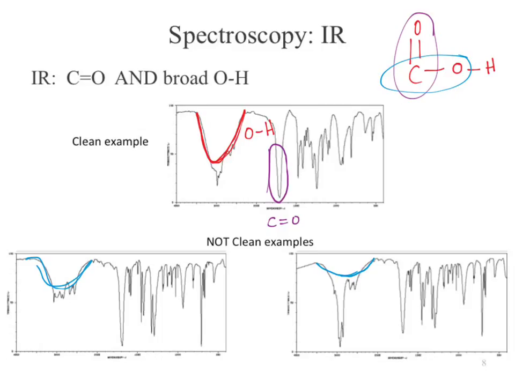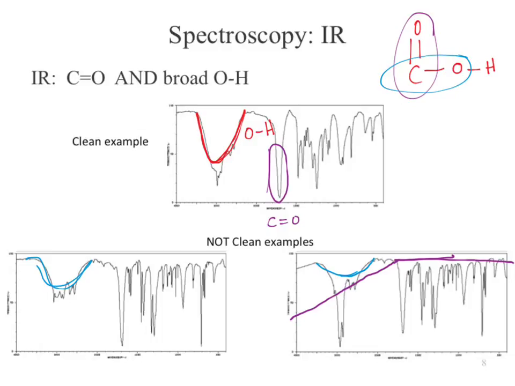So if you see a spectrum that has a nice flat baseline and then all of a sudden starts to slide on you, that slide might be due to a carboxylic acid being in your compound, which is due to the OH bond causing that thing to slide out and make a big mess. So it's not necessarily going to show an OH peak. You may not see the peak for an OH at 3300.